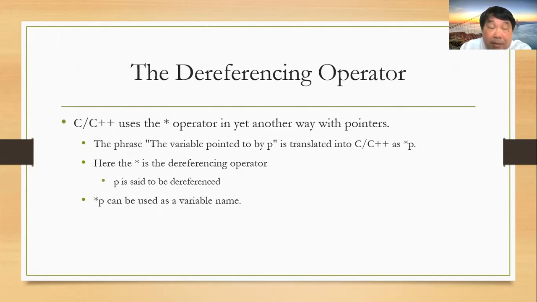Altogether, asterisk P can be used as a variable name. So now, asterisk P is actually equivalent to a variable.